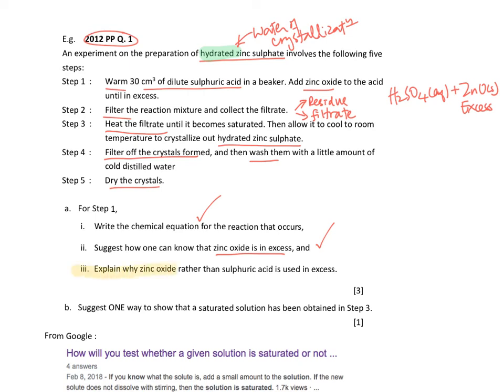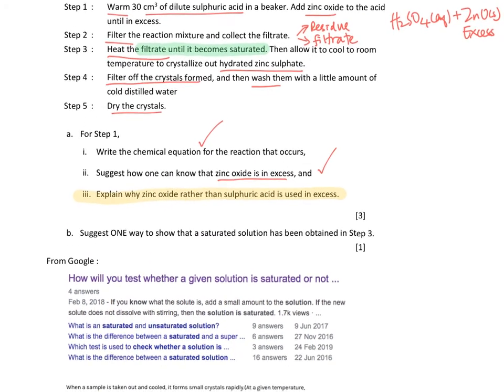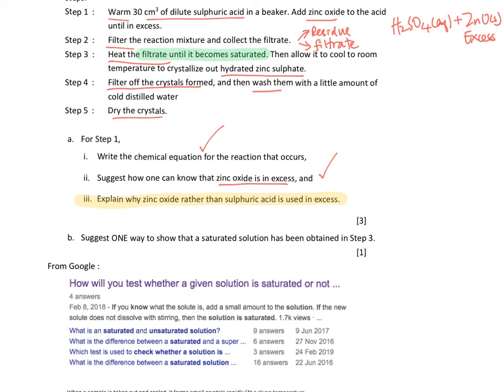Now this is very important, so would you please think about this at home and discuss this with your class teacher later. Now in step 3, it says that you need to heat the filtrate until it becomes saturated. But how do you know? How do you know that you have already obtained a saturated solution? Now think about this at home and discuss this with your class teacher.